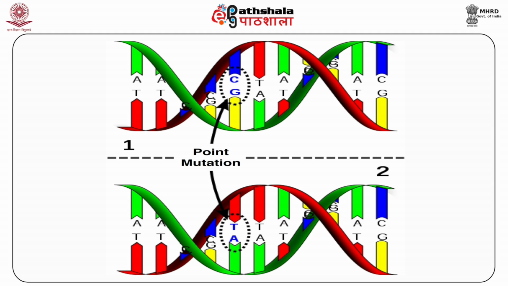Less common is a transversion, which exchanges a purine for a pyrimidine or a pyrimidine for a purine. An example of a transversion is the conversion of adenine into a cytosine.